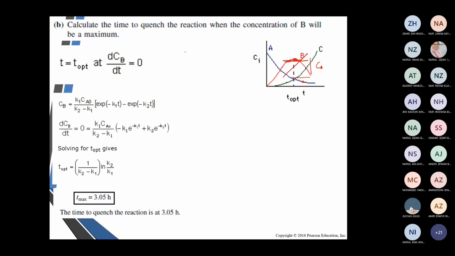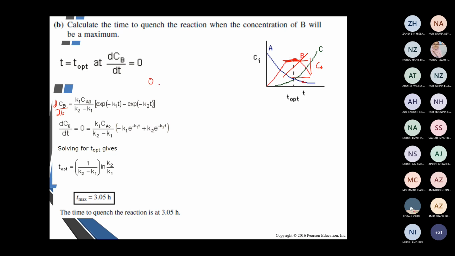So bila T optimum, dCB over dt is equal to 0. Okay, so this the one that you derive sebelum ni, yang you dapat. Okay, dCB over dt. Okay, so CB adalah equation yang you got it before that. It's just that you have to differentiatekan dia, letak sini over with dt. So T ni kena differentiatekan lah, keluarkan dia. Okay, so daripada situ, this one will equal to 0.